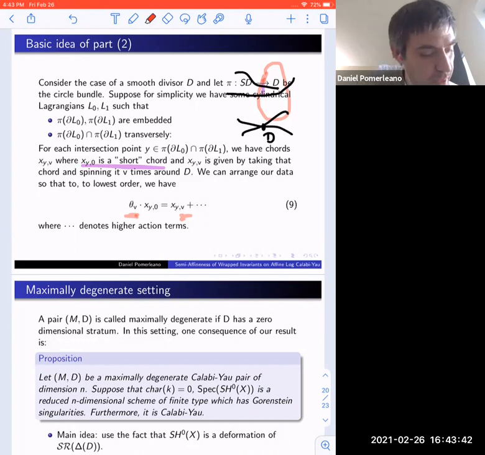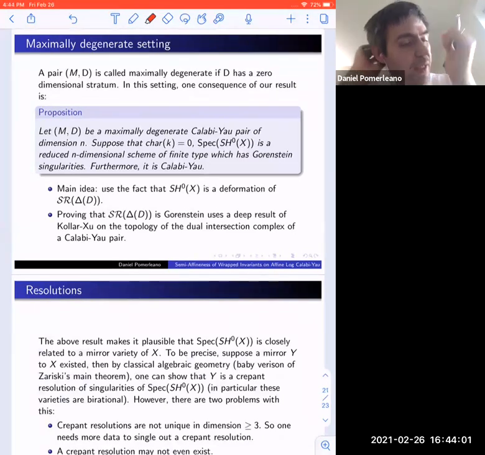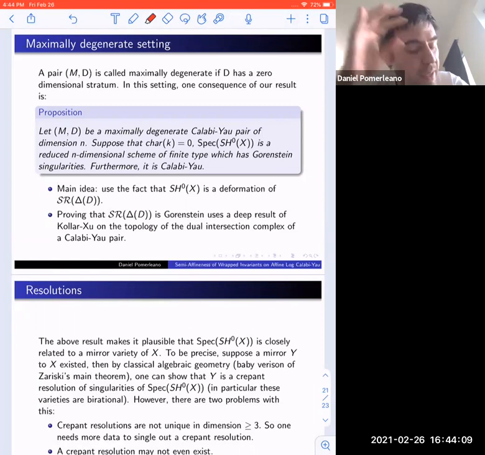Okay, so that's pretty much what I wanted to say about that. I wanted to explain how this finiteness result is applied to, or relevant to, categorical birational geometry.